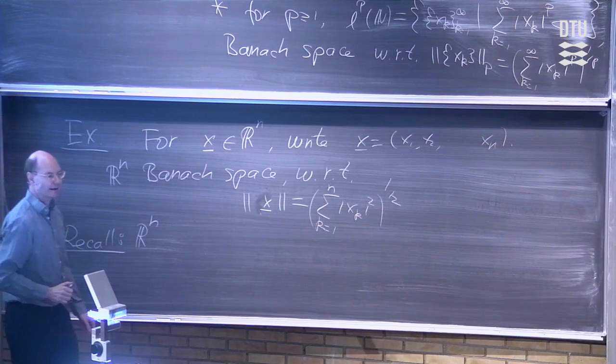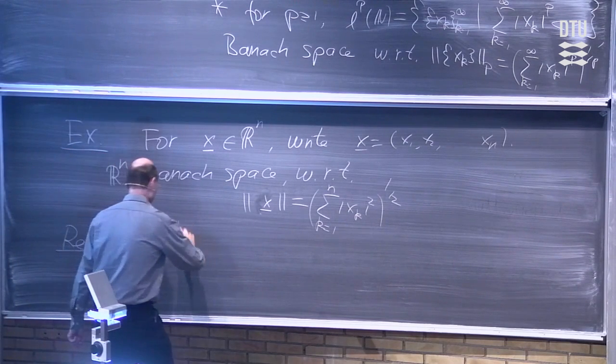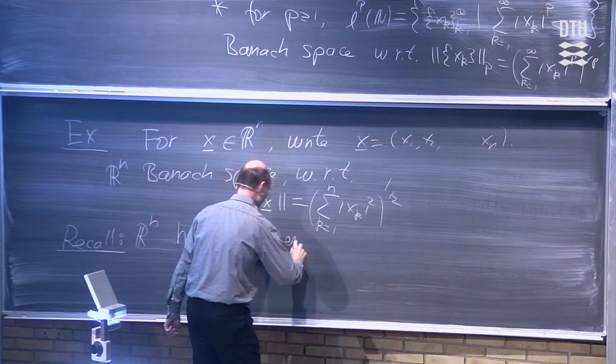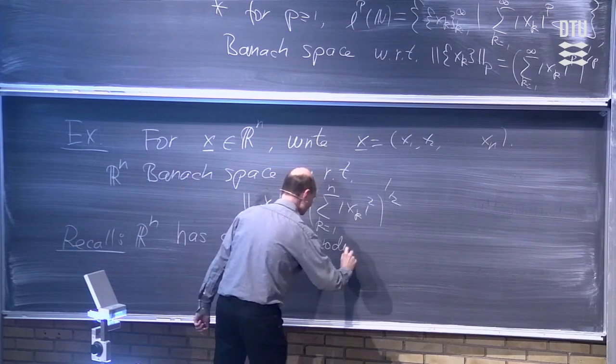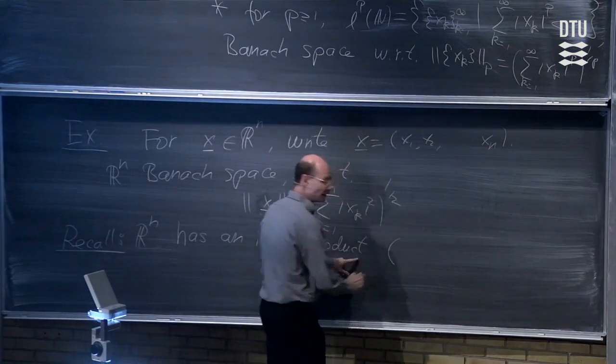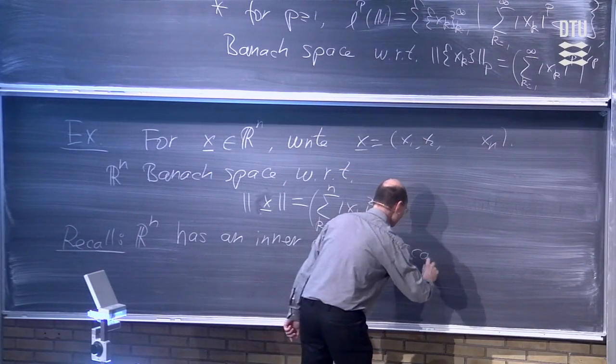So R^n has an additional structure, namely the structure of an inner product. And some of you might not have called it inner product. Some of you might have used the word scalar product instead.